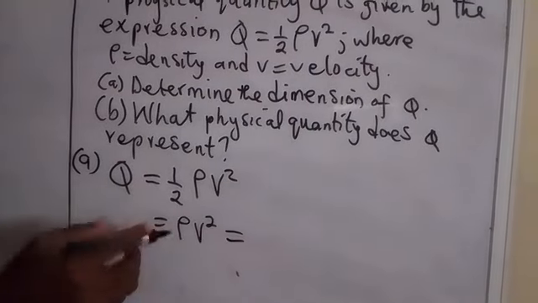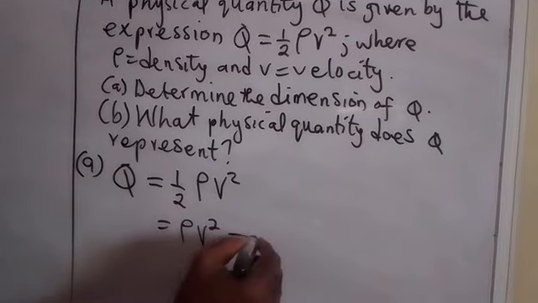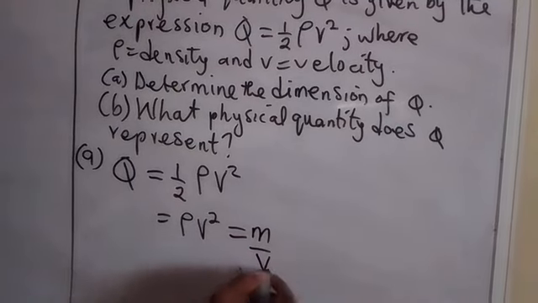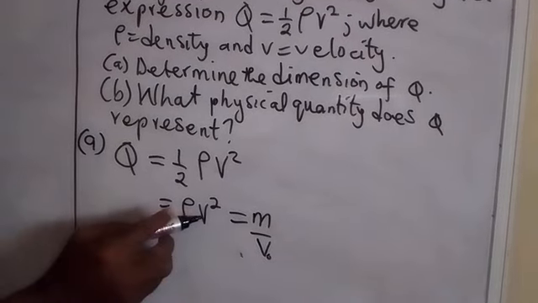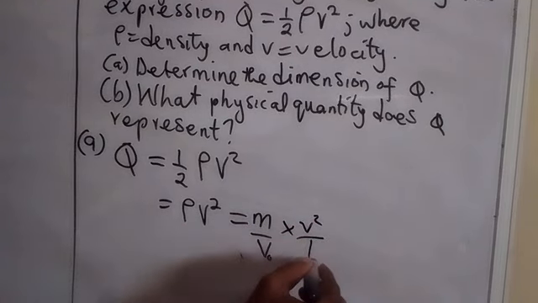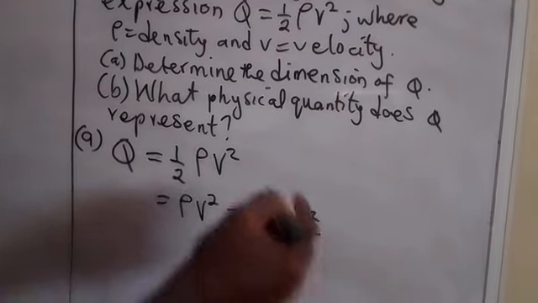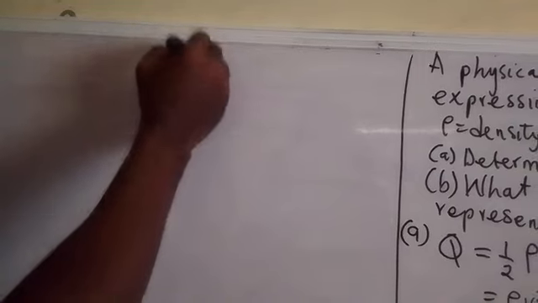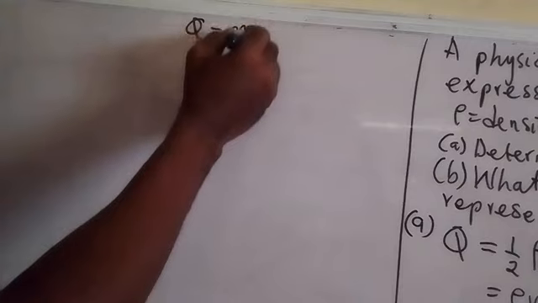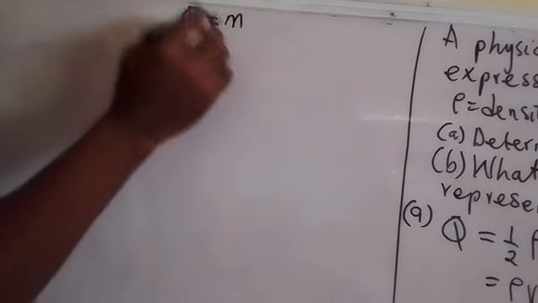You remember, rho is density, and we are told that density is mass over volume. So that we don't confuse it with velocity, then times velocity squared over 1. Now let's go over here. Q equal to mass, which is capital M, a basic unit quantity.